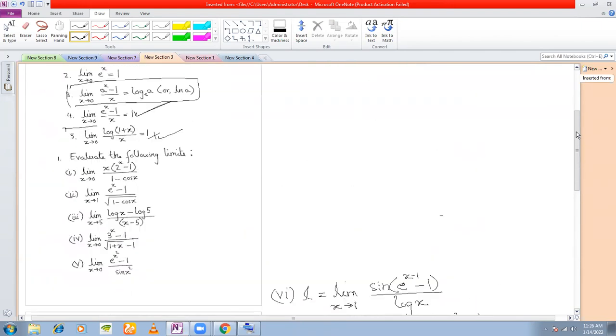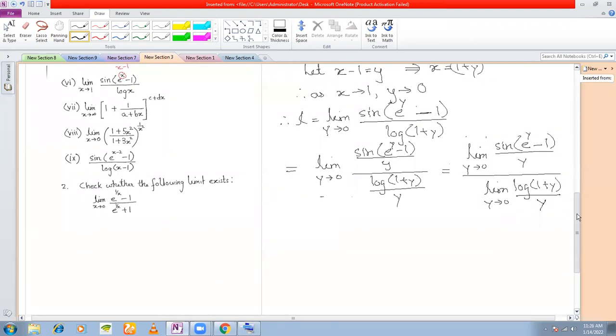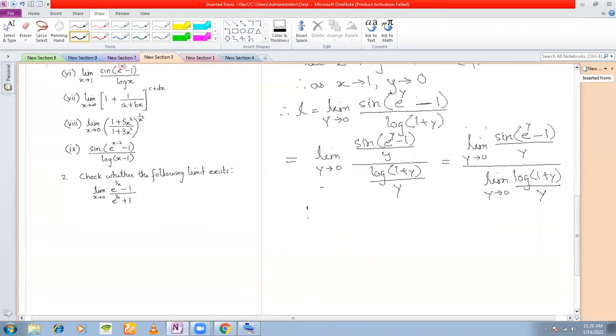That is the standard limit. Now if you see here, e to the power of y minus 1 by y, instead of y, I should have e to the power of y minus 1 to make it sine x by x form. But I don't have that.